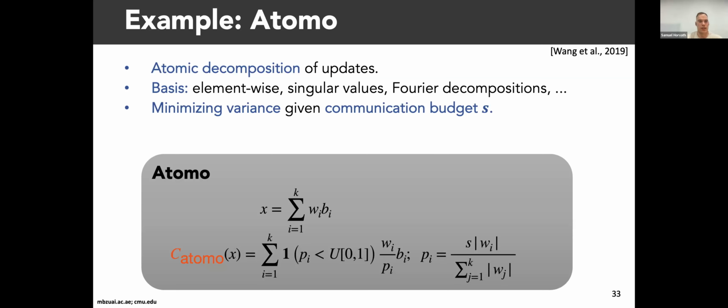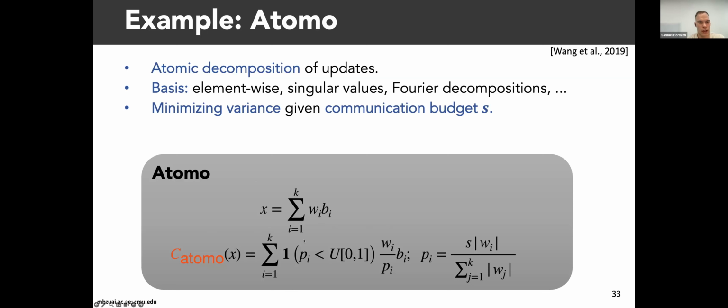And this can actually be solved efficiently, as displayed here. If this is the decomposition with respect to a basis, and these are unitary vectors or unitary matrices, then you can show that if I can only communicate scaled versions of the basis elements and I have to be unbiased, the optimal solution is this one right here.